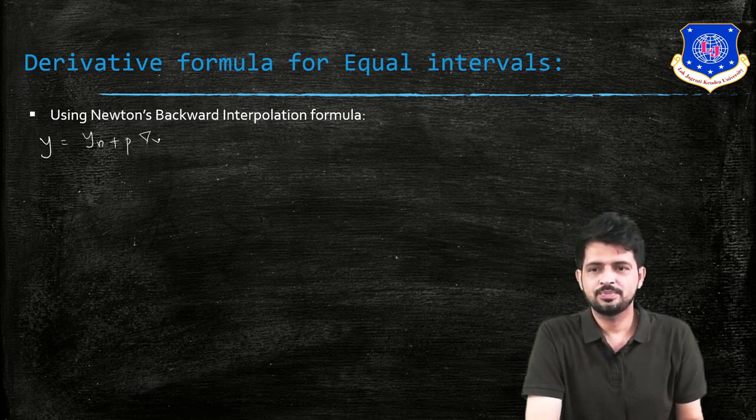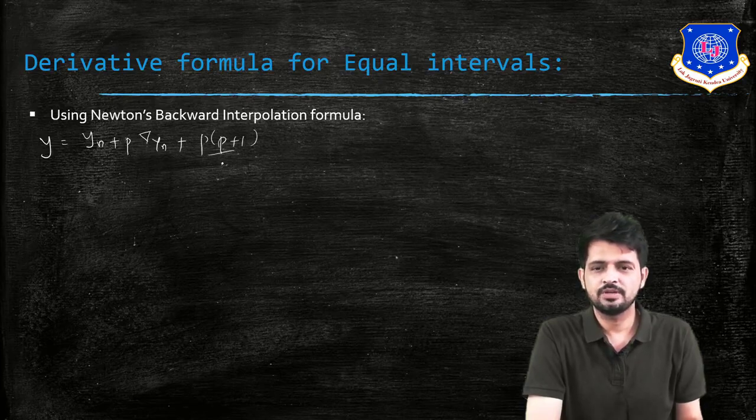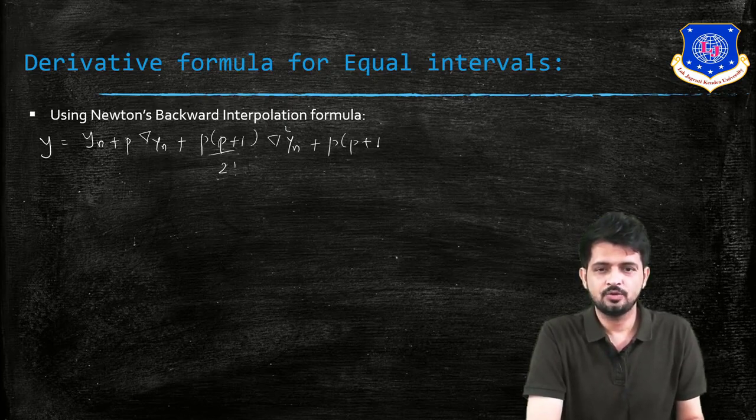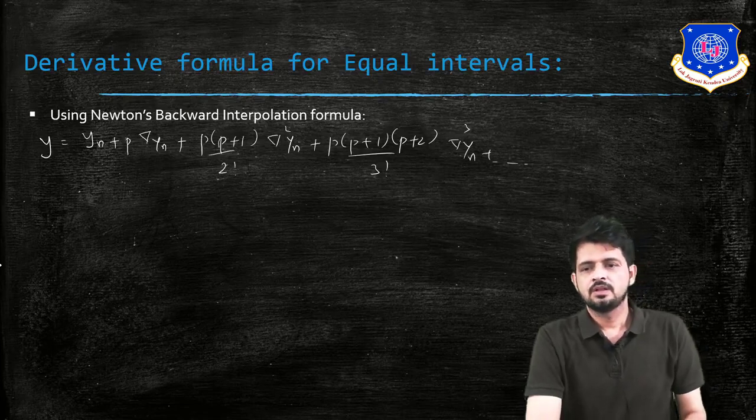yn plus p nabla yn plus p into (p plus 1) upon 2 factorial nabla square yn, p into (p plus 1) into (p plus 2). Okay.